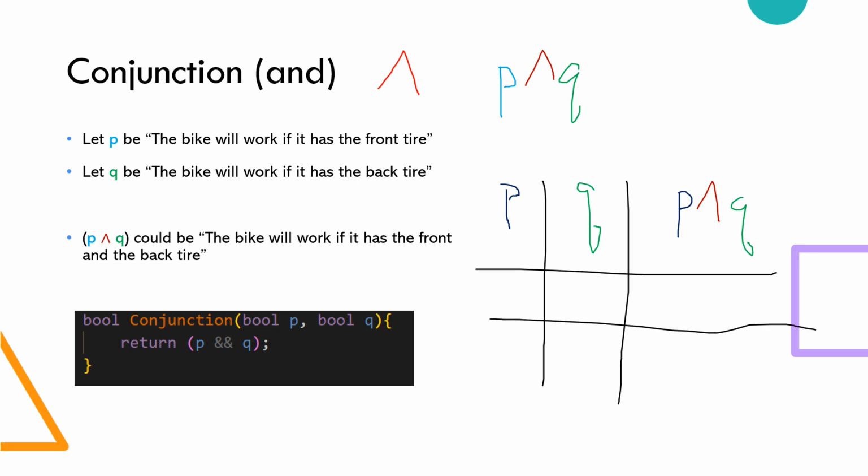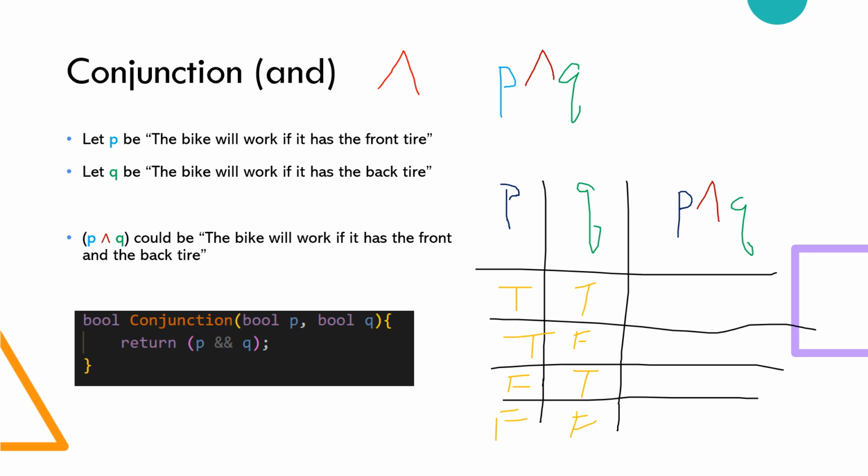Okay, there are four possible values that could be tested here. If P is true and Q is true, if P is true and Q is false, if P is false and Q is true, and if both P and Q are false.